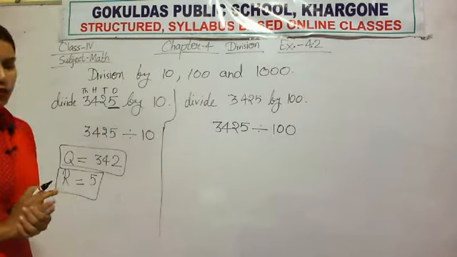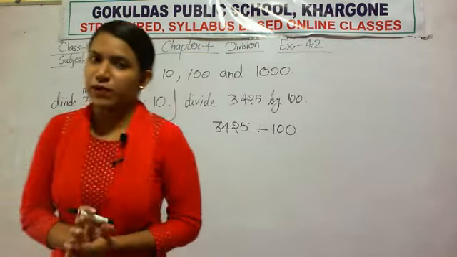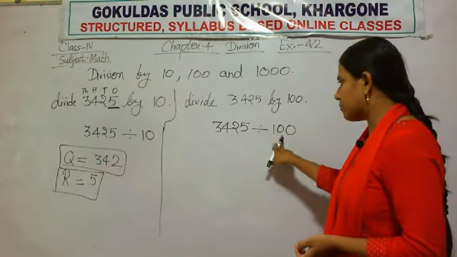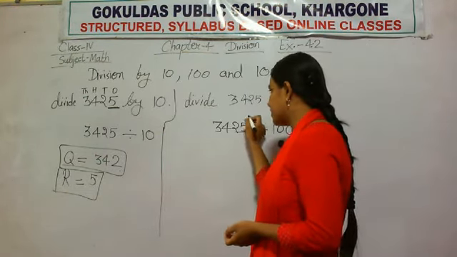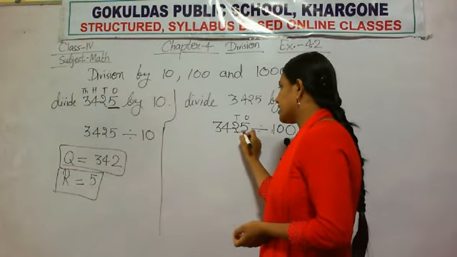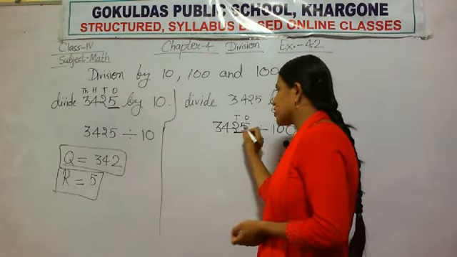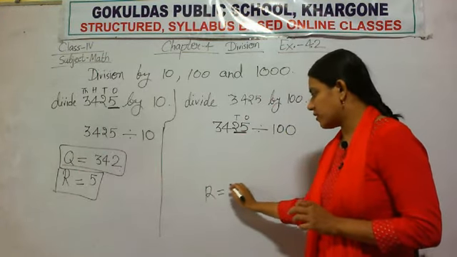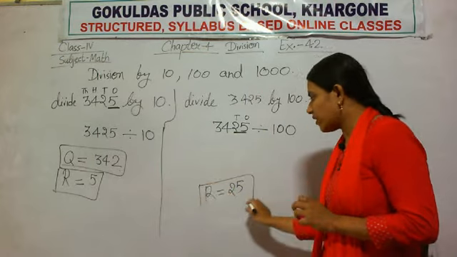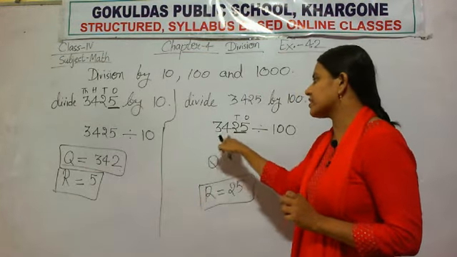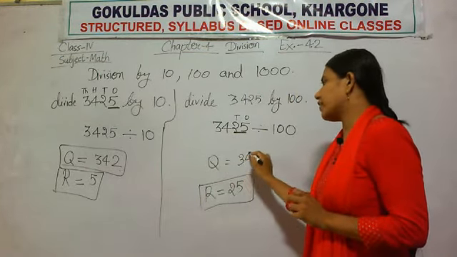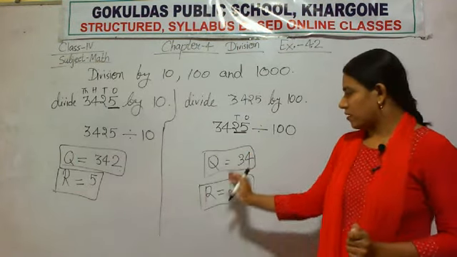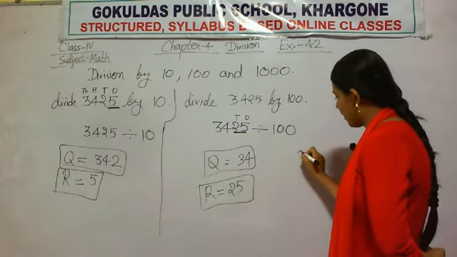Then the digits at the ones and tens places together form the remainder. The digits at the tens and ones places formed together will be your remainder. Means 25 will be your remainder and the remaining digits will be your quotient. So 34 will be your quotient here. Let us see it in actual division.